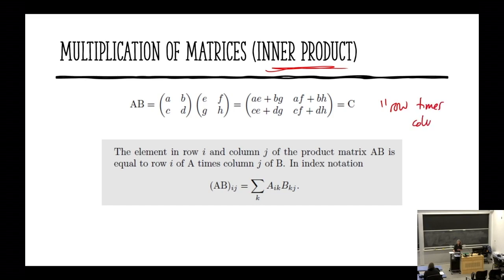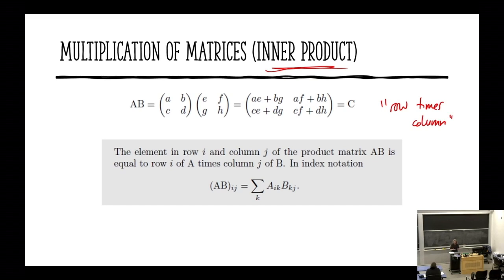That's an easy way to remember what you do for inner products. When we generalize this, we say that the element in row I and column J of the product matrix AB is equal to row I of A times column J of B. If we wanted to write that in index notation, it's shown here. It's the sum over K of A sub I K, B sub K J.